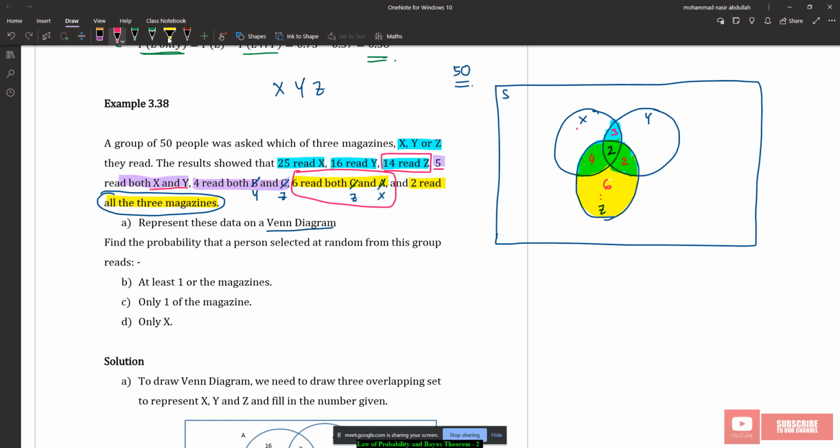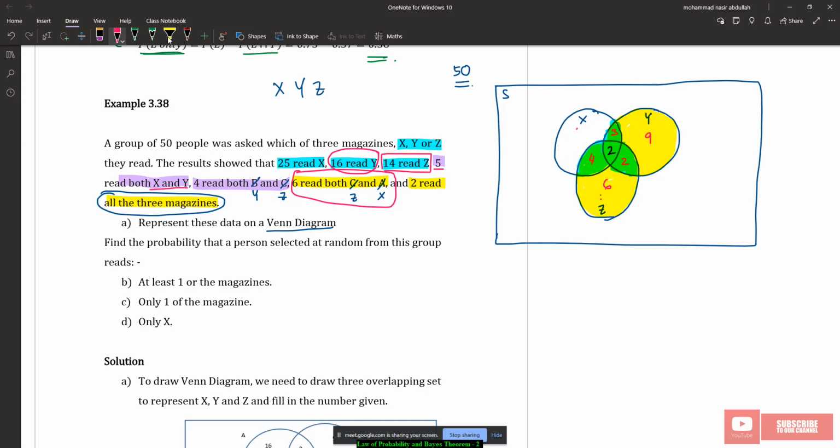Right? So then 16 are reading Y. So still the same process. 16 kita ambil the area dekat sini. So 16 tolak dengan 3, tolak dengan 5, dengan 2, tolak dengan ni, dengan berapa? 9. Right? So this area should contain 9 people.